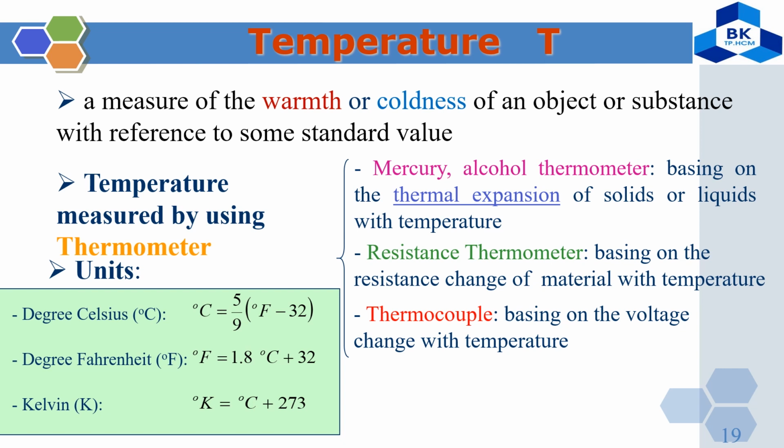And this formula will help you transfer the Celsius degrees into the Fahrenheit degrees. And of course, this formula will help you work out the Kelvin degree from the Celsius degree.